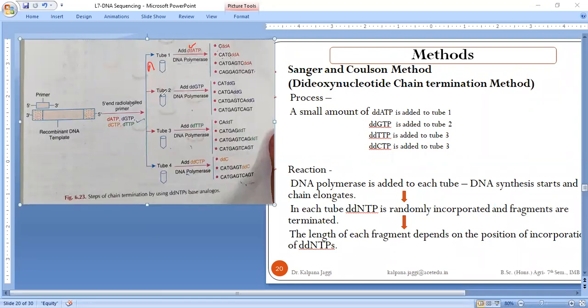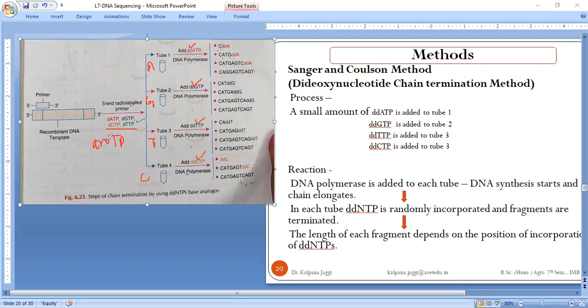Then we had G, we labeled it with G, so here we will be adding the dideoxyguanine triphosphate. Here we have T, so here we will be adding this one. And here we have C, so here we will be adding this one. This is the single strand. Here, this is the primer. And dNTPs are often required. Additionally, we have taken ddNTPs here, right?